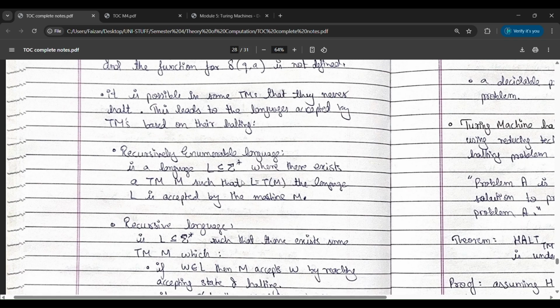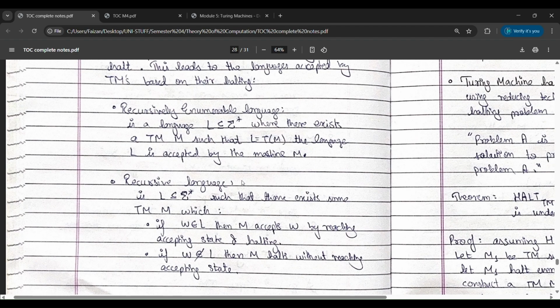That means the language will be accepted by the Turing machine, which is what I told you earlier when we were discussing what a Turing machine is. It is based off of type 0 grammar, which is REL, recursively enumerable languages.